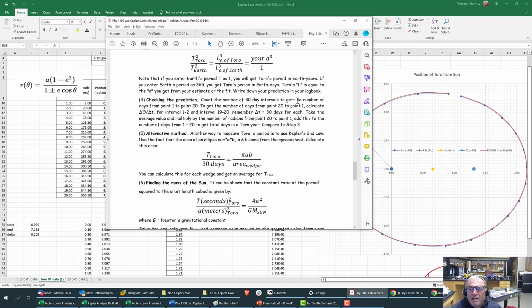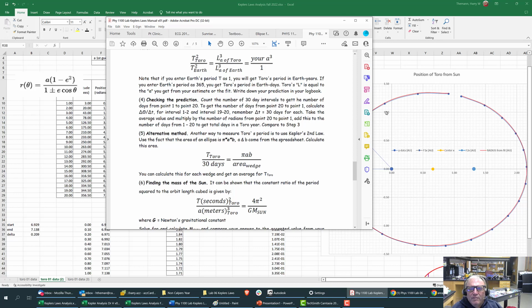Now, we need to estimate how many days are in the interval from 20 to 1. Take the average value, get the number of days, calculate for interval 1 to 20.